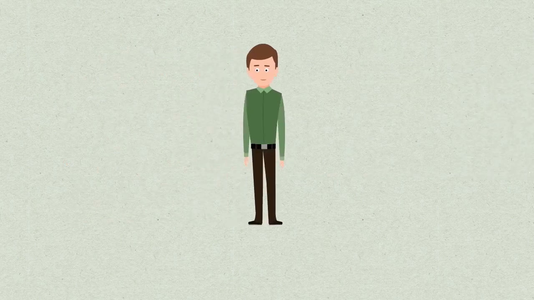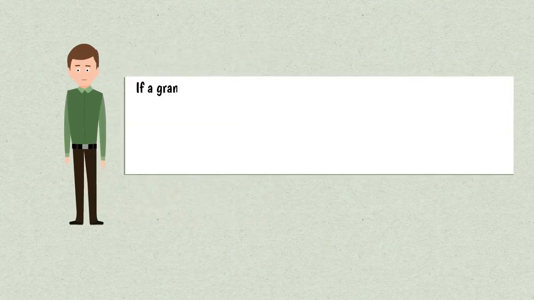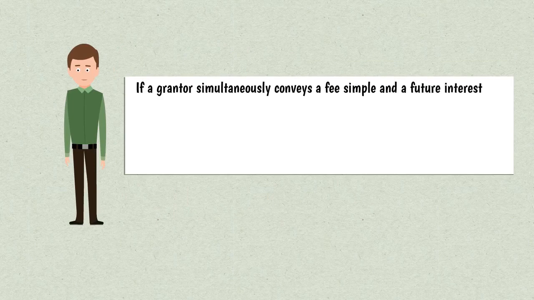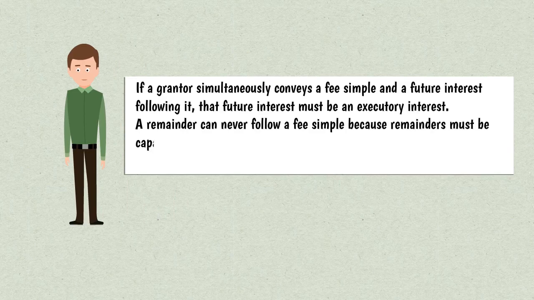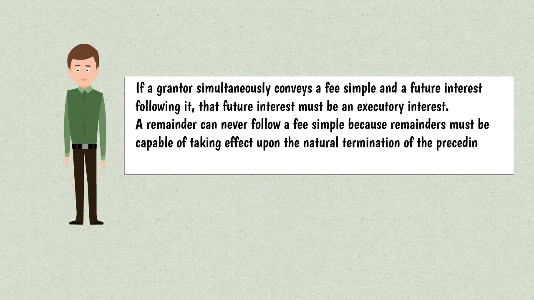We first encountered executory interests when we studied defeasible fees. Recall that if a grantor simultaneously conveys a fee simple and a future interest following it, that future interest must be an executory interest. A remainder can never follow a fee simple because remainders must be capable of taking effect upon the natural termination of the preceding interest or estate, and fees simple may last forever.